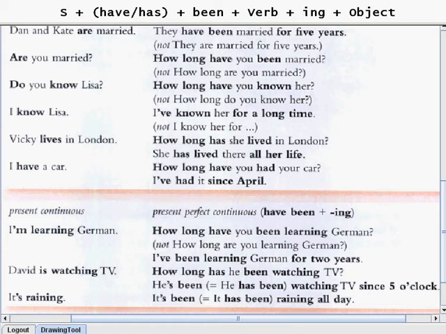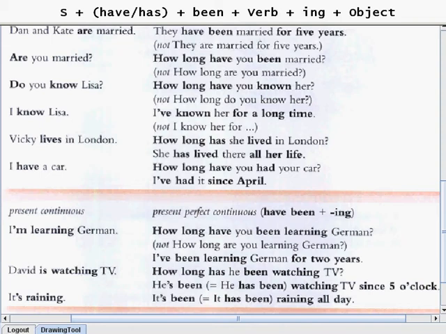Alright? The action has started in the past and is continuing now. This is often used with for or since. Again, present perfect continuous, when we form it, we actually use for or since. We often use those words. Okay?